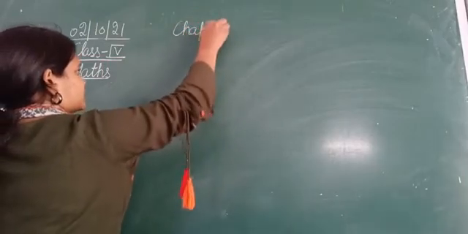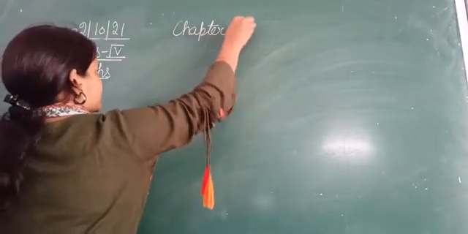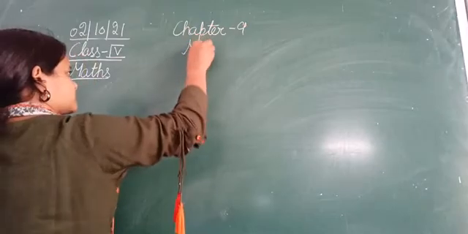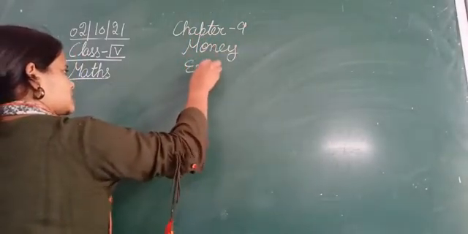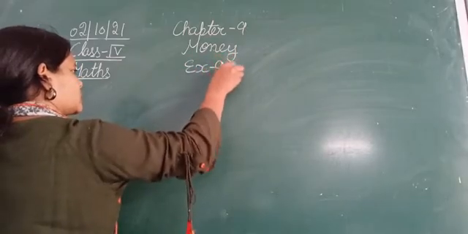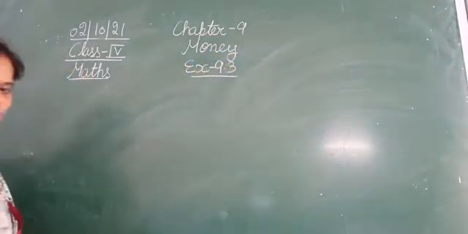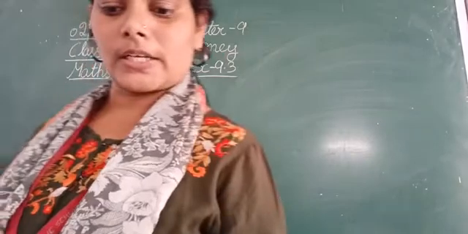Chapter 9, money, and the topic is exercise 9.3. Okay, so let's begin with the sum number 6.